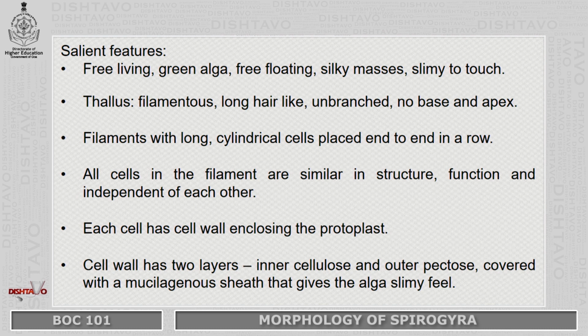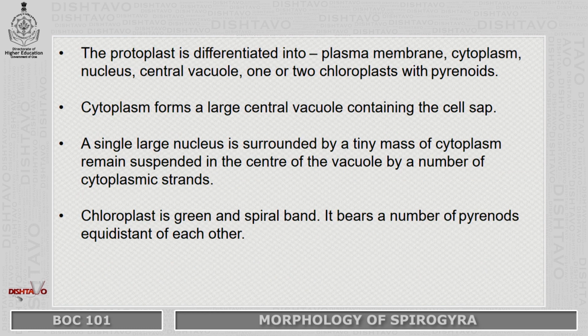Each cell has a cell wall enclosing the protoplast. Cell wall has 2 layers, inner cellulose and outer pectose, covered with a mucilaginous sheath that gives the alga that slimy feel. Protoplast is differentiated into plasma membrane, cytoplasm, nucleus, central vacuole, 1 or 2 chloroplasts with pyrenoid bodies.